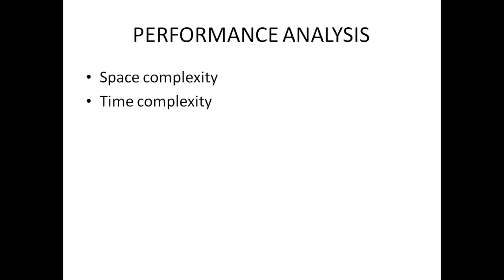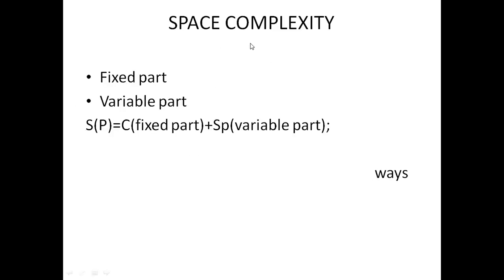So the measure of space complexity of an algorithm is the sum of the following components. That is, space complexity is calculated by the fixed part and the variable part.